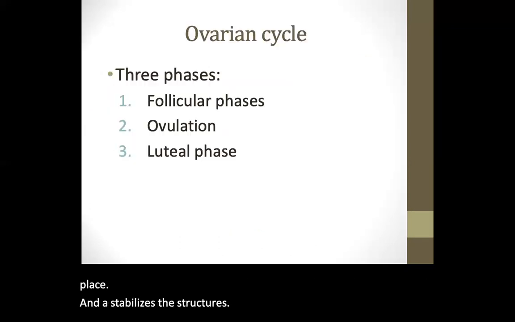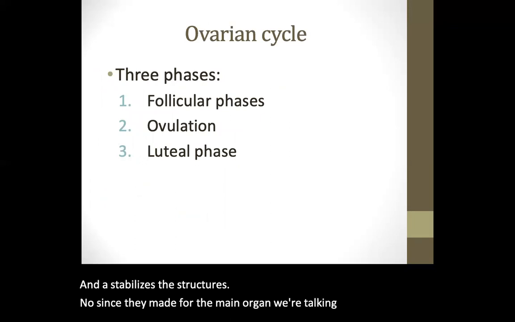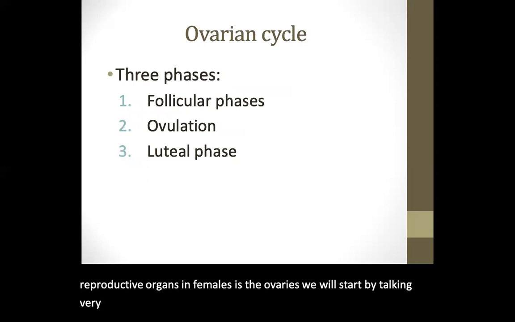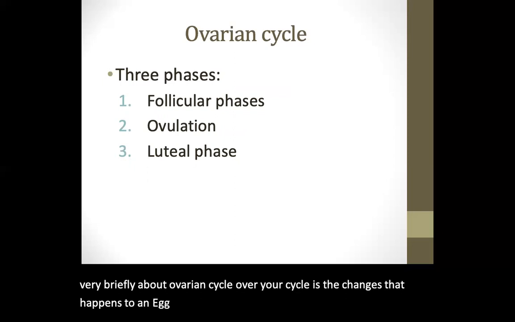Now, since the main organ we're talking about in terms of reproductive organs in females is the ovaries, we will start by talking very briefly about the ovarian cycle. The ovarian cycle is the changes that happen to an egg during the process of 1 month or 1 cycle.